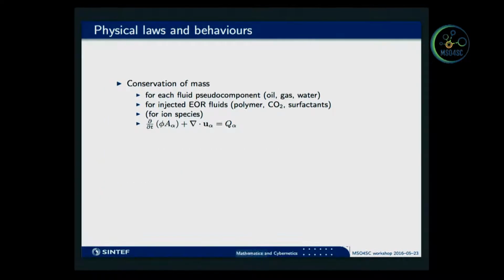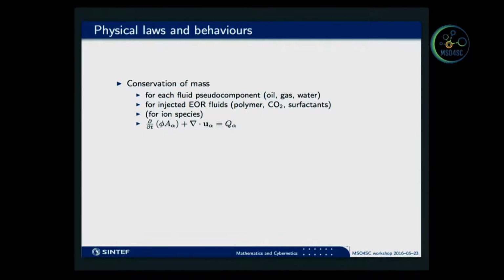So now the mathematical formulation. First, what are the basic physical laws and behaviors that are important? Conservation of mass, of course, for each fluid pseudo-component: oil, gas, and water. And we conserve the mass of injected EOR fluids, for example in extended models, such as polymer, CO2, or surfactants. And the geochemical question here, conservation for ion species, I put it in parentheses because we don't support it, but we want to.